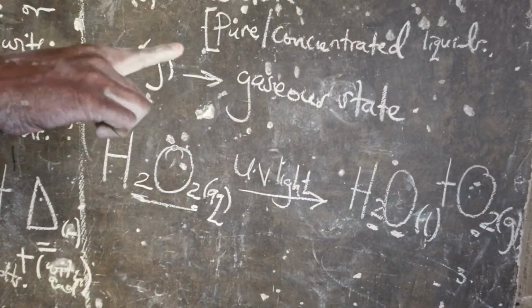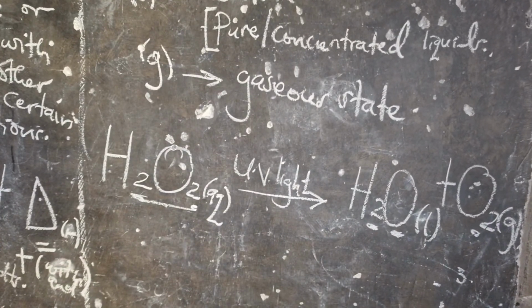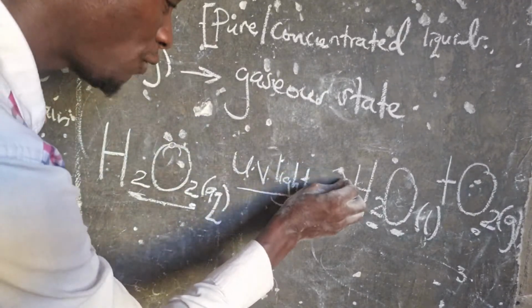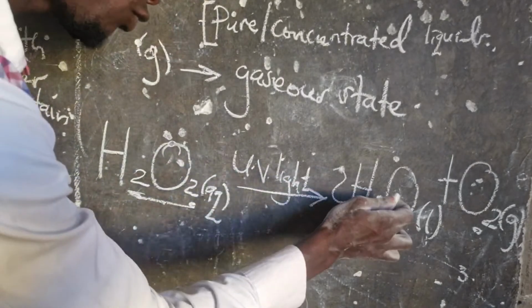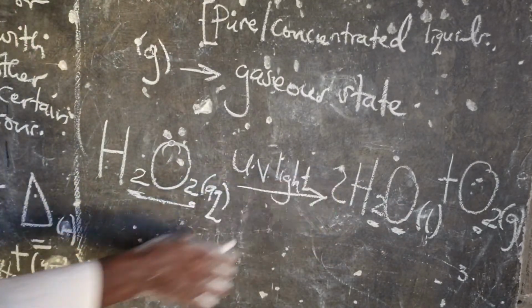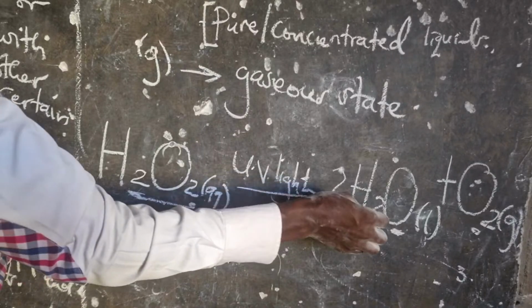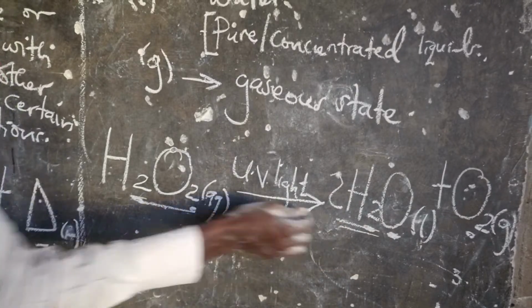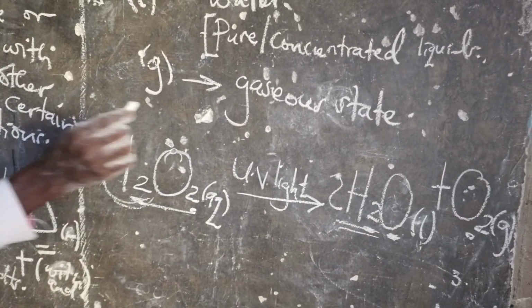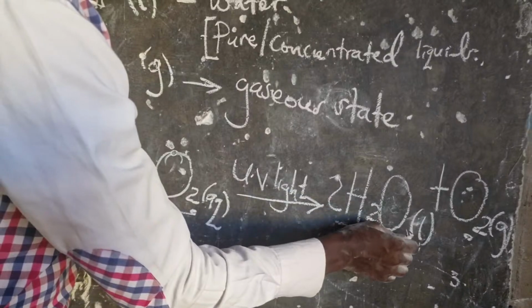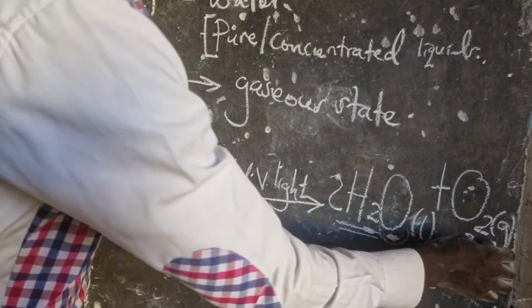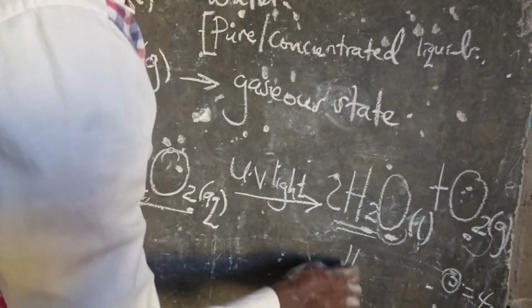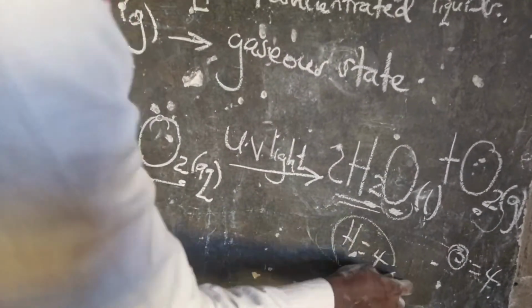We shall look at the smallest even number first, which is a 2. So we shall put a 2 in front of the entire substance, not only this one, but the entire substance. When we put a 2 here, this hydrogen is becoming a 4. Remember, we have 2 this side. And when we put a 2 here, the oxygen is becoming a 2 plus a 2, which is a 4. So the oxygen is a 4 this side, and the hydrogen is also 4 this side.